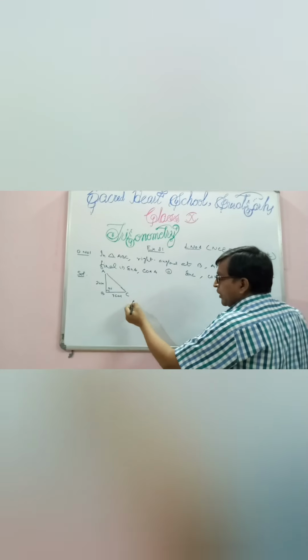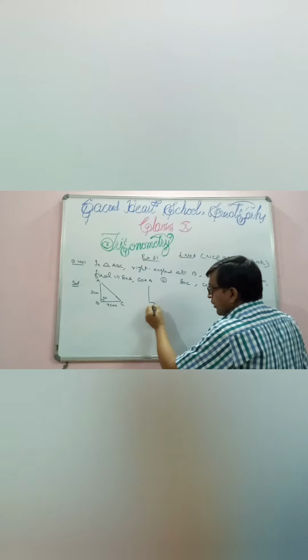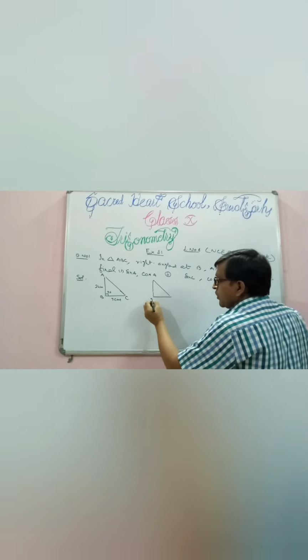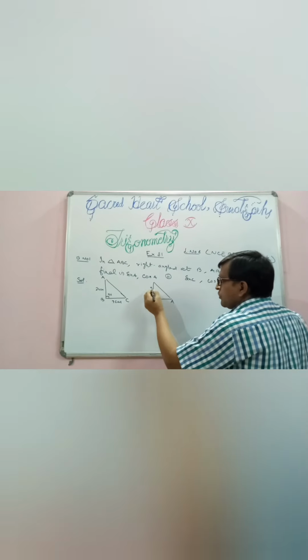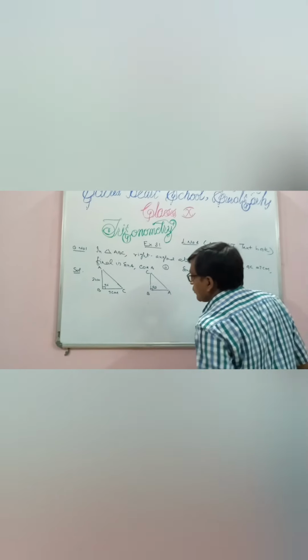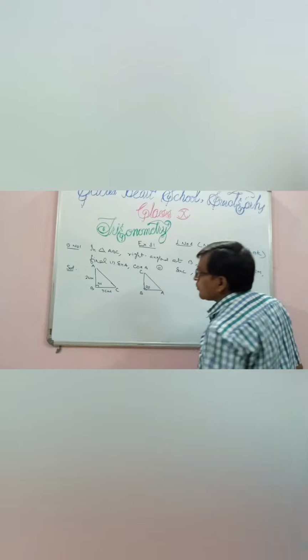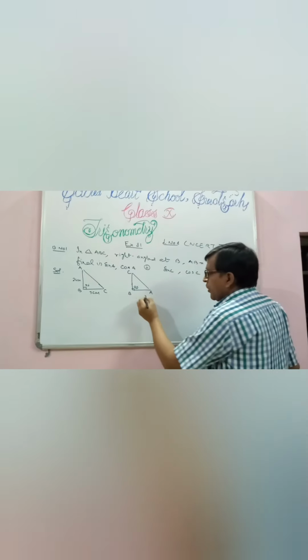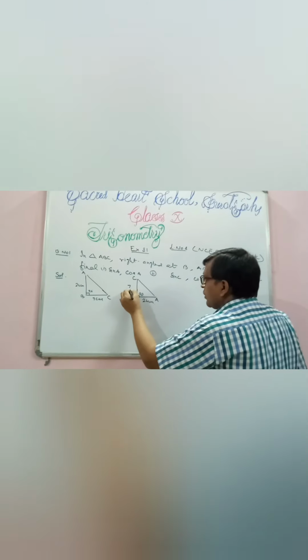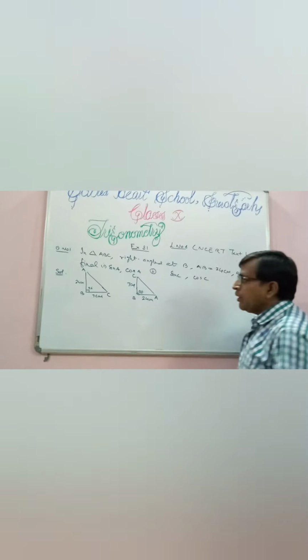We make the first right triangle here and the second right triangle here, with B as 90 degree, and A and C. AB is 24 cm, BC is 7 cm.